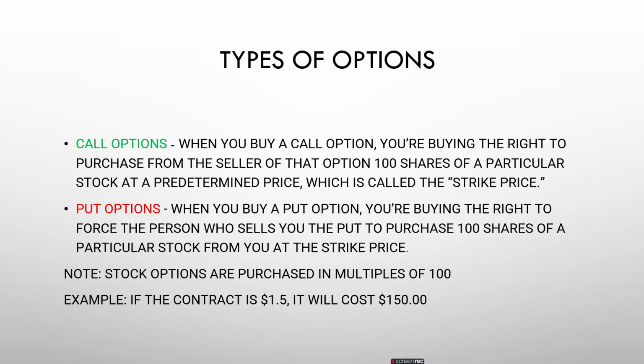So you'd buy a put option, indicating you think Apple is going to be worth less than $130 before the expiration date of that contract, and the difference between the price Apple's at and the strike price is obligated to be sent to you by the seller of the put option.